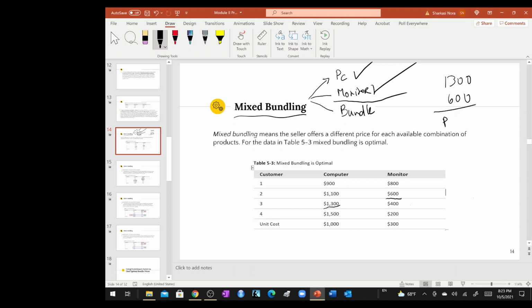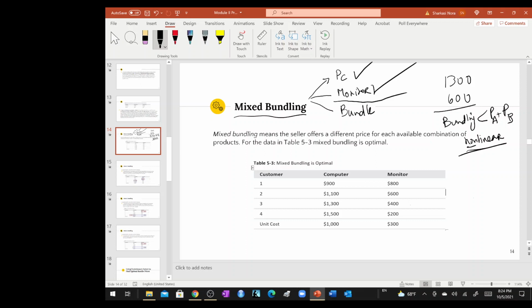Remember that the price of a bundle should be less than the price of product A alone plus the price of product B alone. It is non-linear, okay? So in this case, you need to actually work a little bit harder. How do I do that?